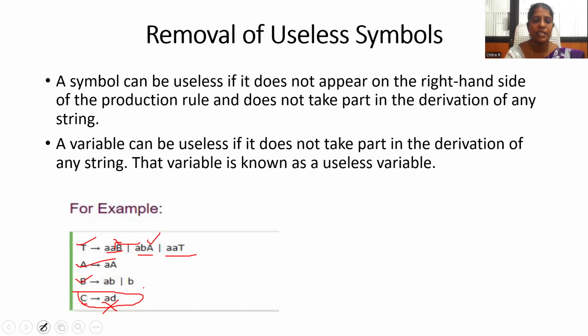The second condition is any variable that will not derive a terminal. Consider the variable A. Starting from A, AA will not derive any terminal.